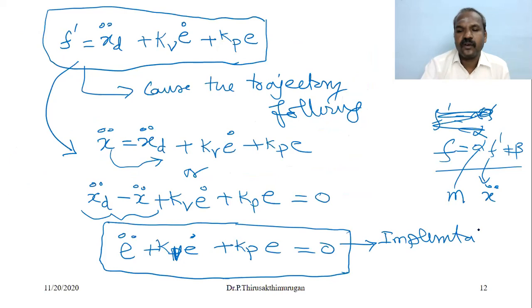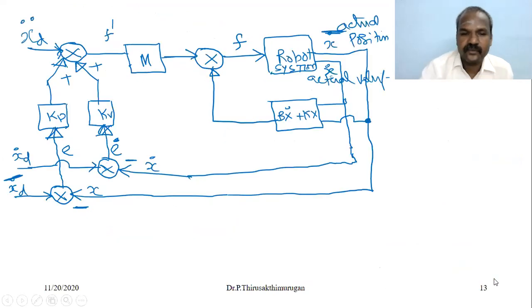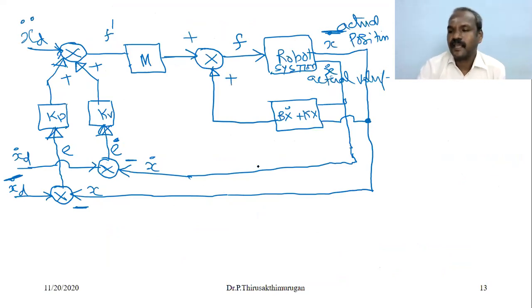This control law is implemented in the control system block in the next diagram. So this is implemented in this control system. So plus, this is plus f. Okay, so this is the trajectory following controller for the system.